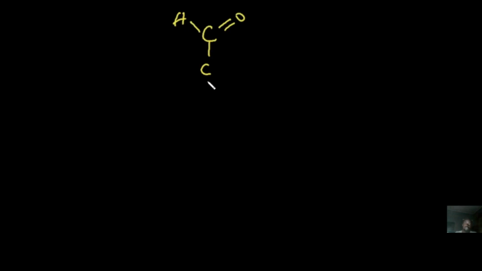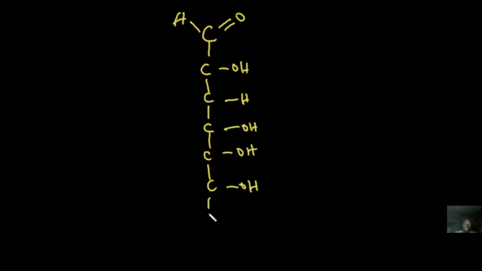If you consider the structure of glucose, 1, 2, 3, 4, 5, 6, okay, you have OH, H, OH, OH, OH, H, H, H, H, OH, H. Because it has a terminal carbonyl group, it means that this glucose is an aldose sugar.